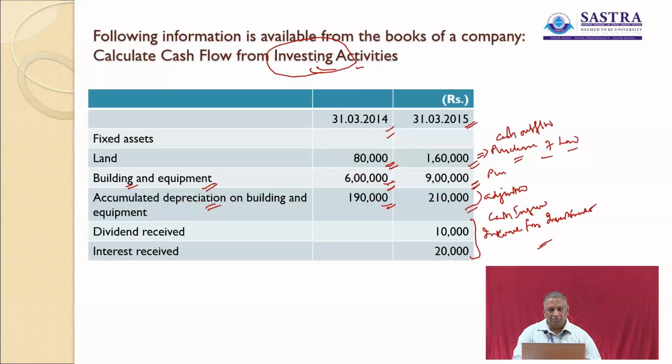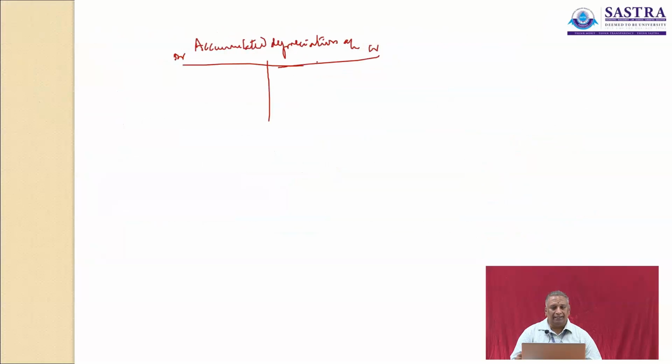The opening and closing balance goes like this: 1,90,000 opening and 2,10,000 closing balance. Accumulated depreciation being a credit item of trial balance and liability item of balance sheet, normally it is shown as less from asset. Instead of showing it as a liability item, it may be reduced from the concerned asset.